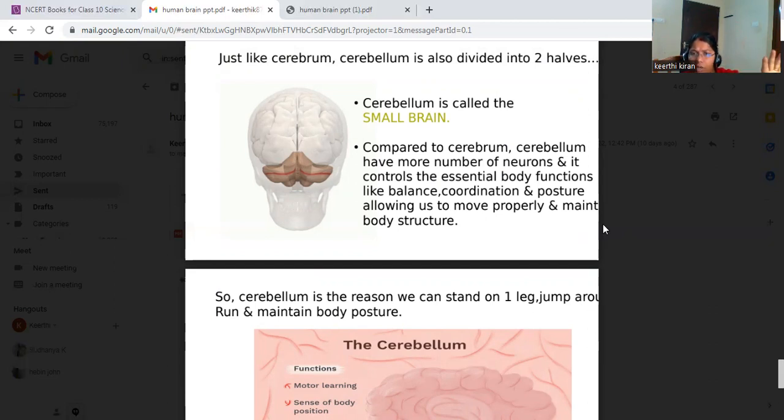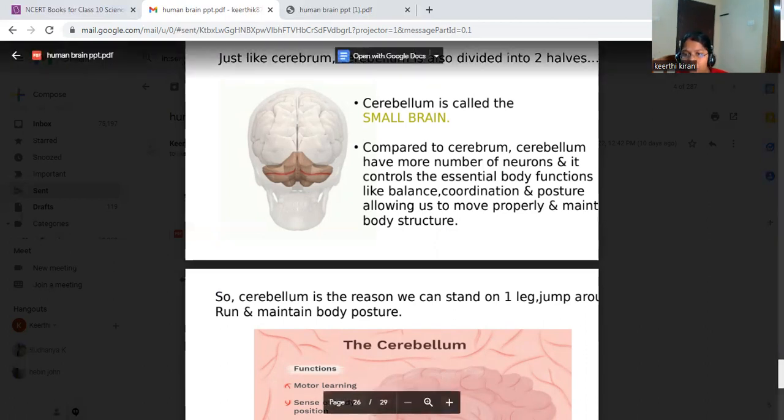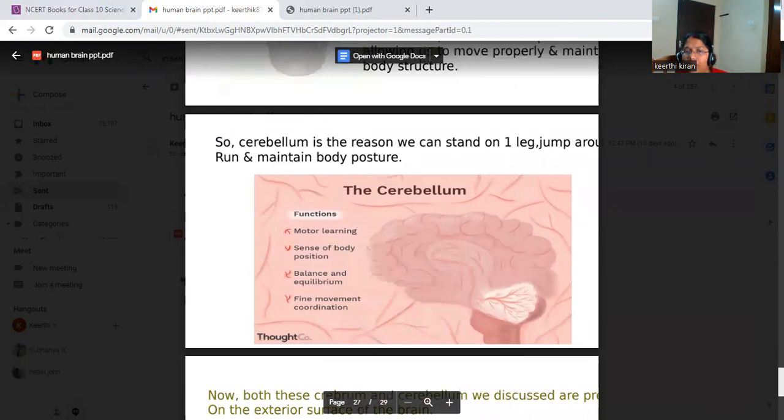Everything is done by the cerebellum, because of the functioning of the small brain and the greater number of neurons associated with it. So the cerebellum is the reason we can stand on one leg, jump around, run, or maintain body posture.